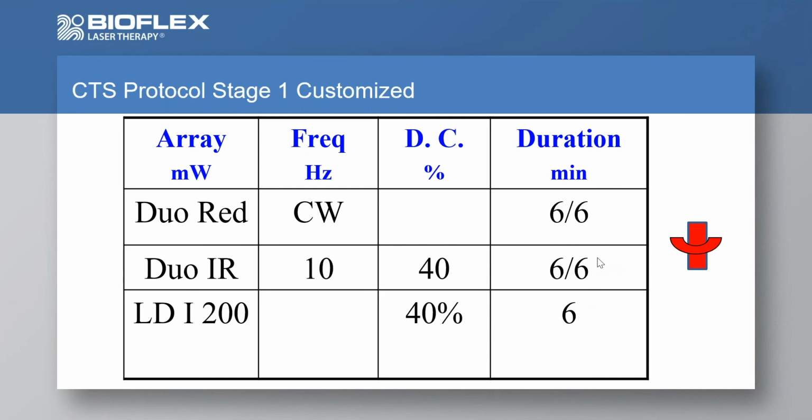So it gives you about 24 minutes of total energy, a little bit more than the standard wrist protocol, but it's being spread out over the palm, the thumb, and any affected fingers, and the wrist itself. And similarly, 40% duty cycle, or 40% power, I should say, for the laser probe.